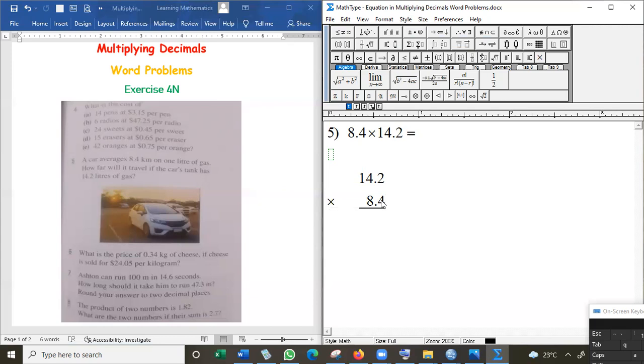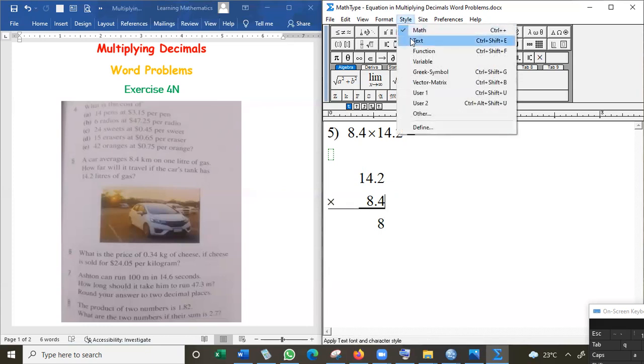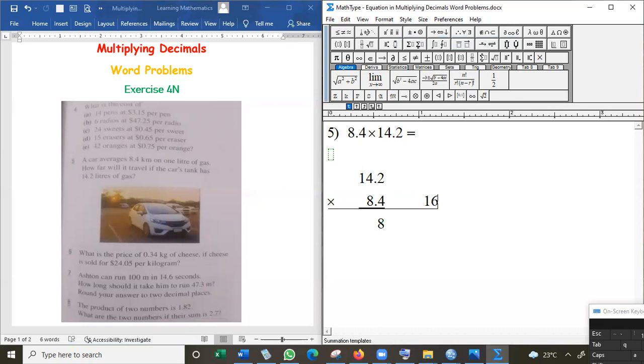I'm starting with the 4. Always start on the right. 4 twos are 8. Since 8 is just 1 number, you can write 8 here, right under the 4. 4 fours are 16. 16 has 2 numbers. Write down 16, carry down the 6, and carry up the 1 by that 1.